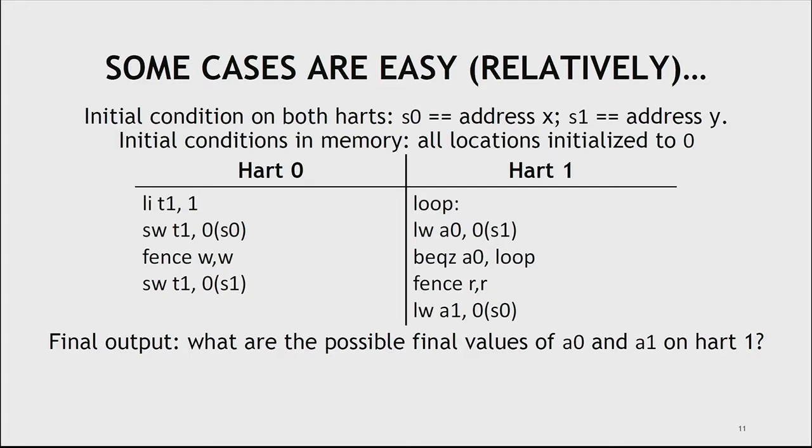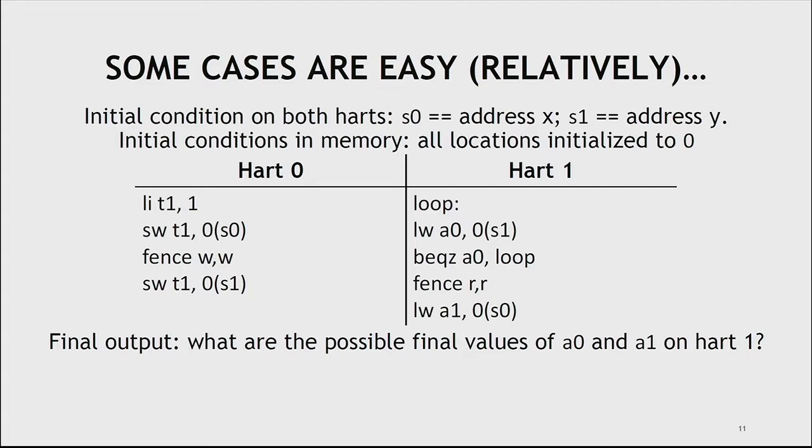On the left-hand side, you have two different stores separated by a fence: a store to address X, then a fence, and then a store to address Y. On the right-hand side, you have a load of that address Y. You do a spin loop to wait until you see a value that's not 0, so you're waiting to see the store that happened on the left-hand side. You do a fence, and you do another load of the original address X.